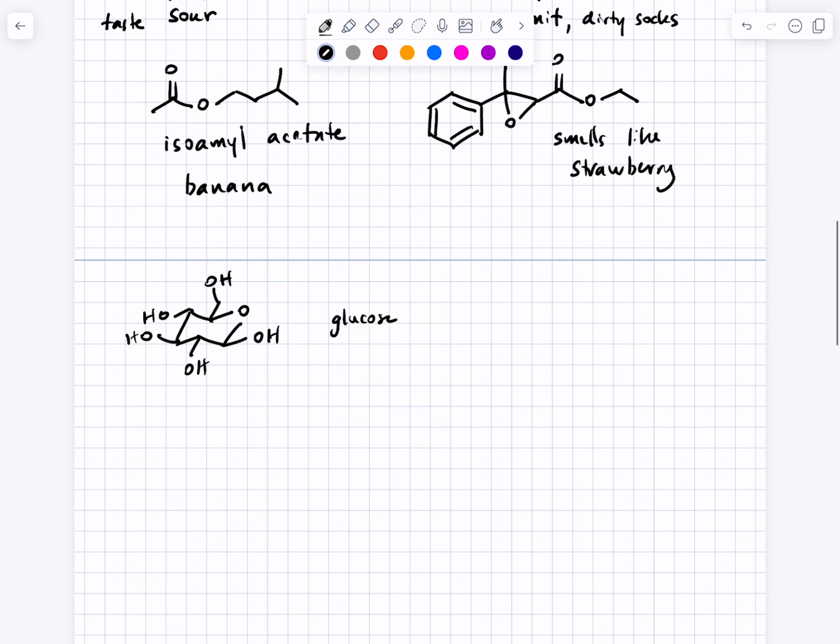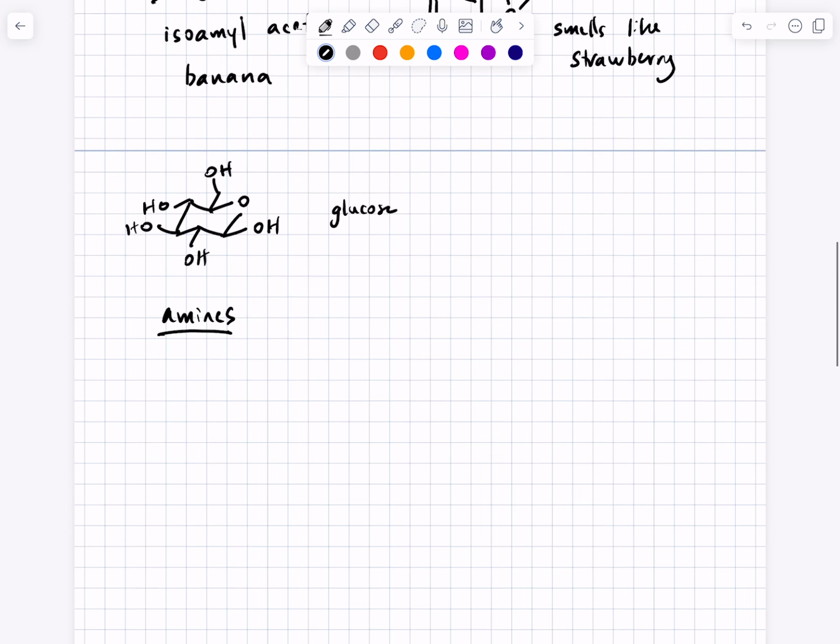Let's see. Another one that would be good to know in terms of your ability to smell is amines. So the simplest amine is ammonia. How does that smell? I've heard it described as acrid. It makes your nostrils flare, and if you have nose hairs, they tend to curl and get irritated.